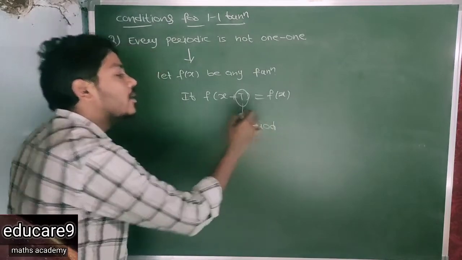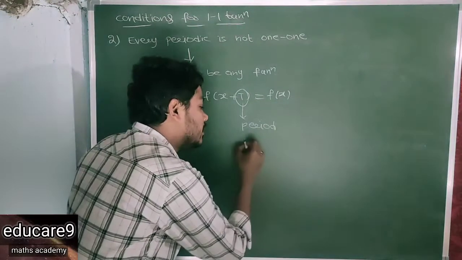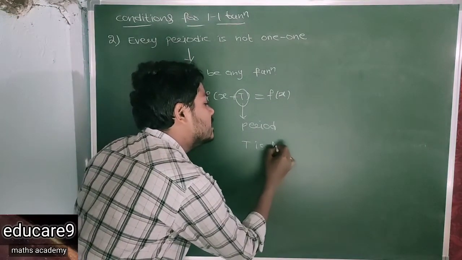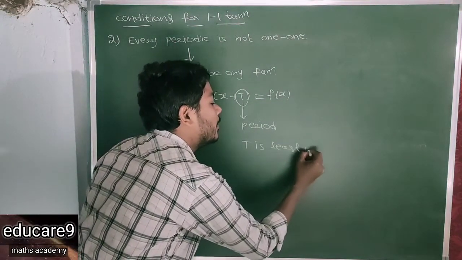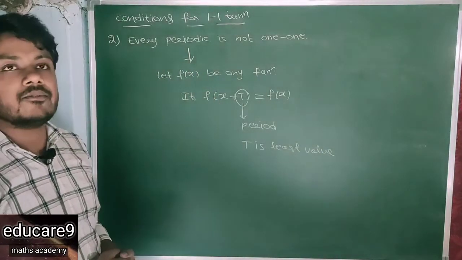T is called the period of the given function, and T is the least value. So this is the definition of a periodic function.